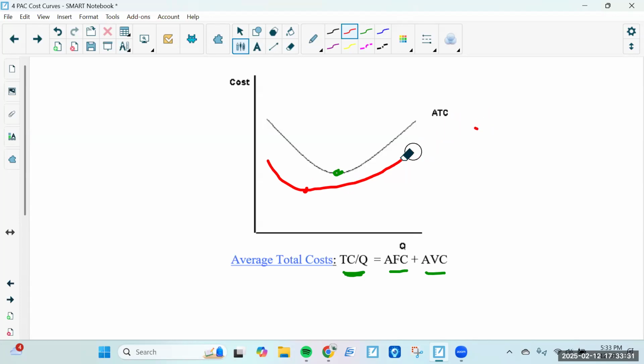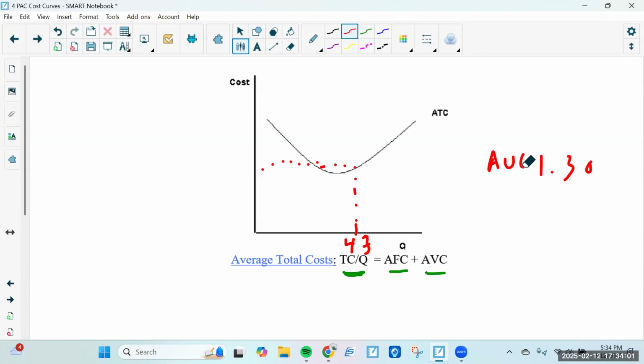Okay. So let's go back to the average total cost curve. And what does it mean? It is, on average, what is the total cost of producing this product? So again, this is really important for a firm to understand. If I'm an ice cream seller and I'm selling 43 ice creams an hour, and on average it's costing me $1.30 for my average variable cost, and my average fixed cost was, let's say, 20 cents, then my average total cost here would be $1.50.